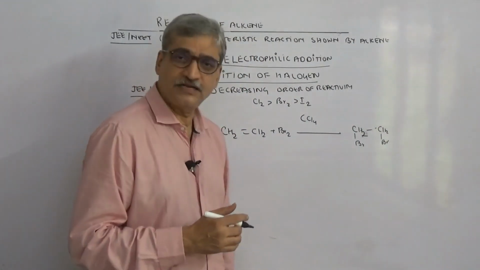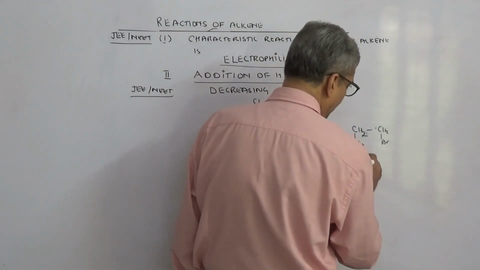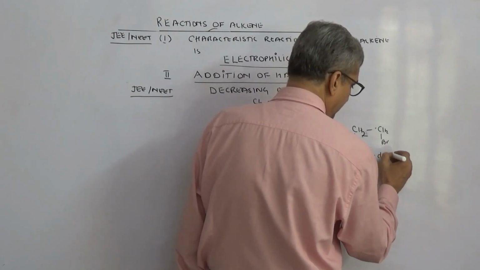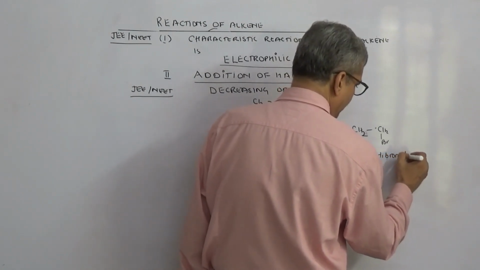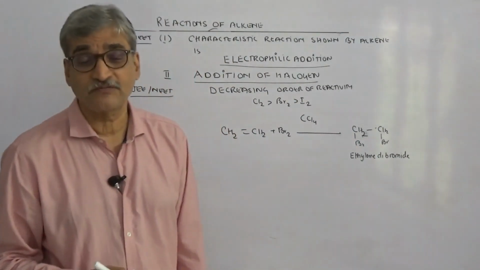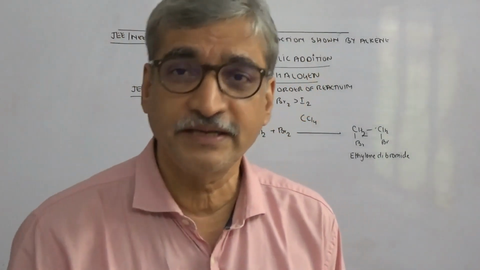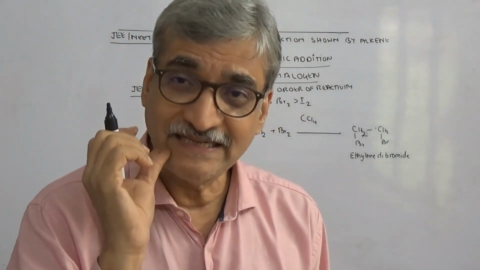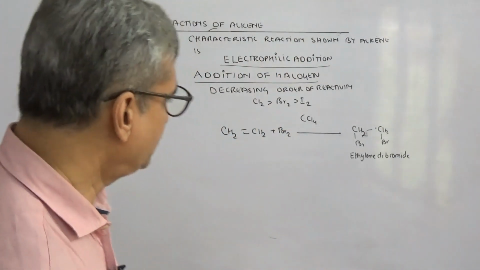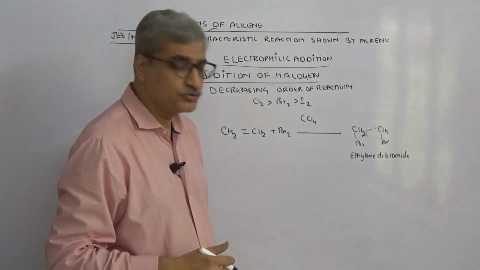That means the halogens are on adjacent carbon atoms. So this will be ethylene dibromide. Now ethylene dibromide has a very important use. It is used for fumigation of food grains. When you are exporting food grains, in the container you pump ethylene dibromide so that worms cannot survive in that condition. So this is a connection of the reaction to the uses.